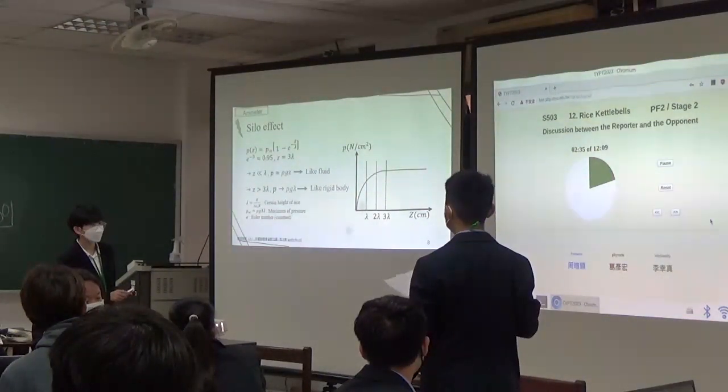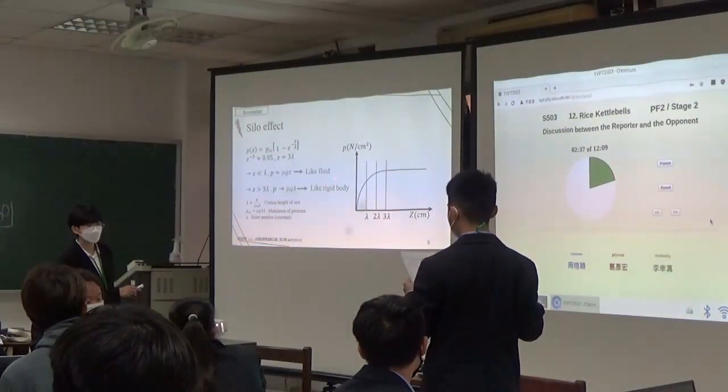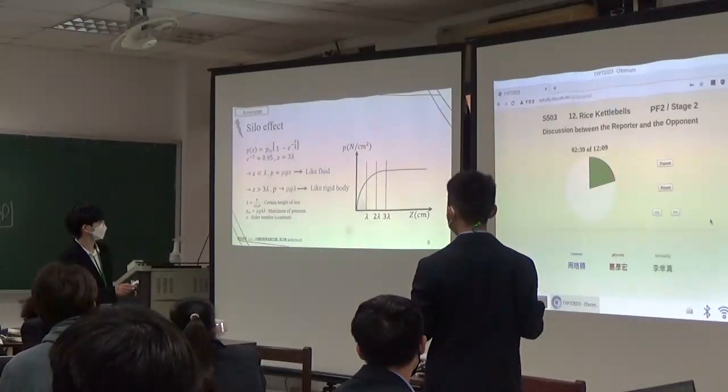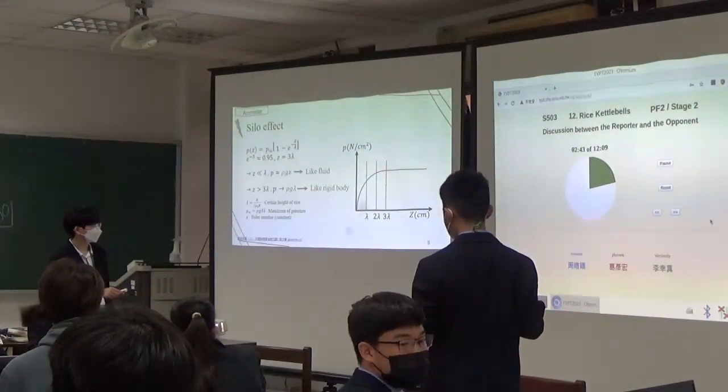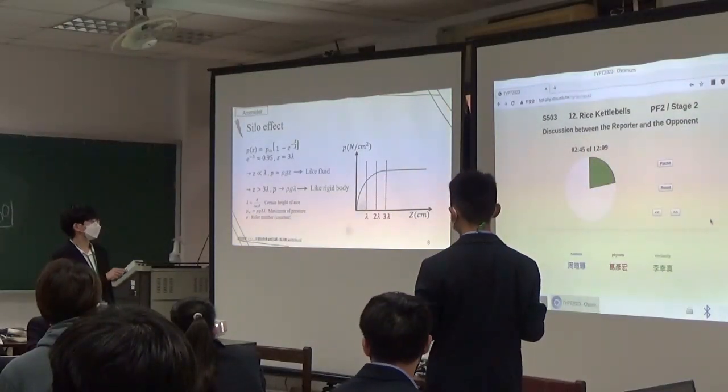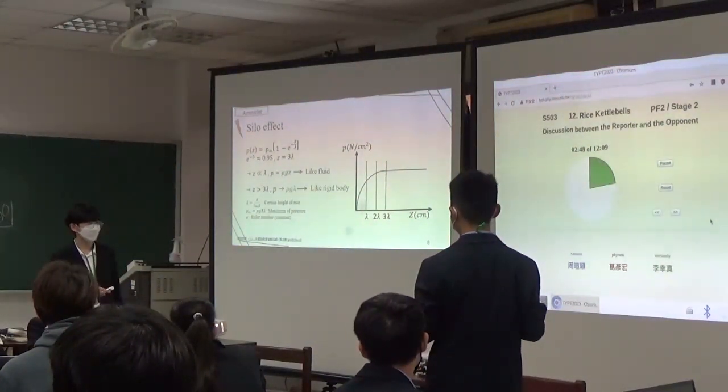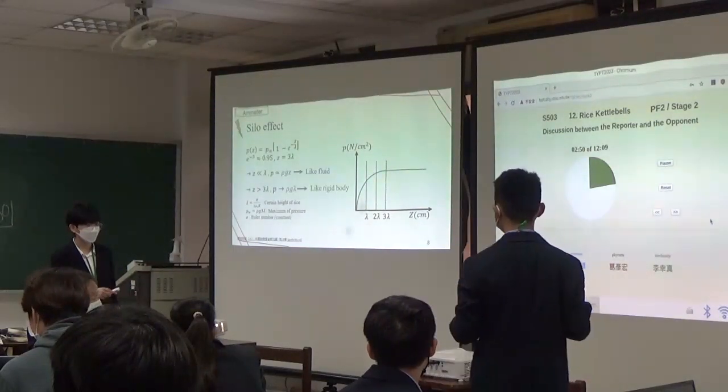Because in a fluid, when Z increases, P also increases. Yes, that's the fluid formula. Yes, right, in a fluid, yes.